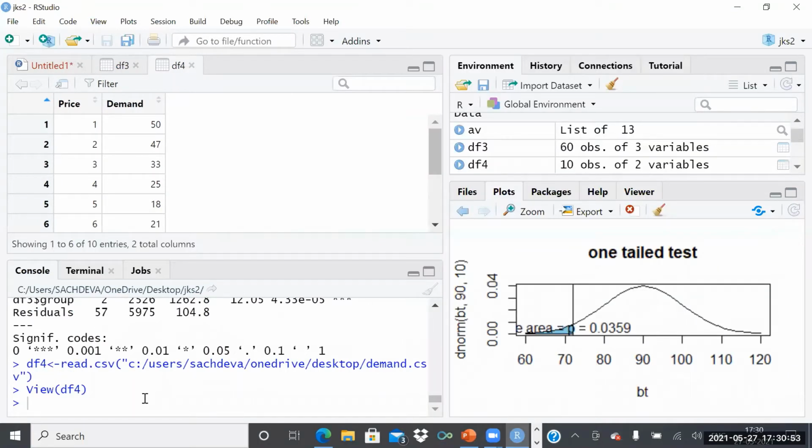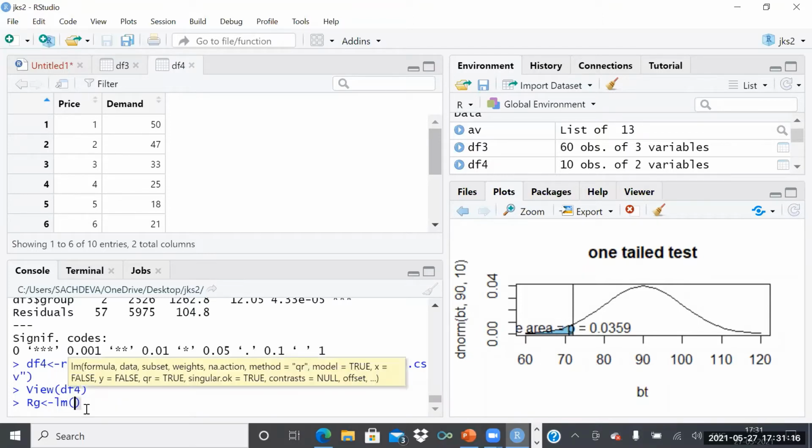Now the way I did ANOVA, the same way I will do. I will create another variable, RG, a regression one. So regression RG, and for this we use lm, linear model. Demand is my Y variable.